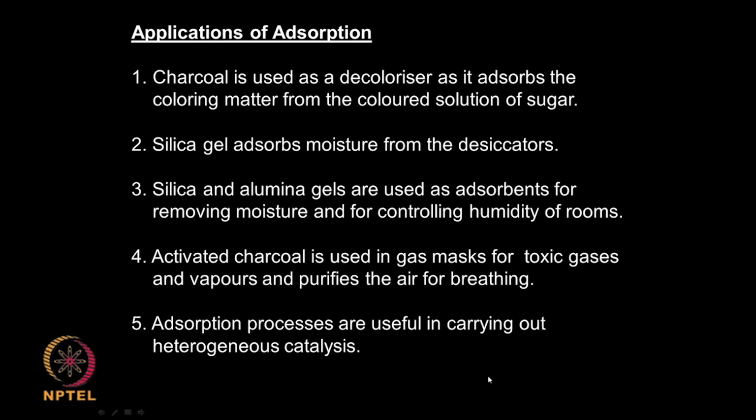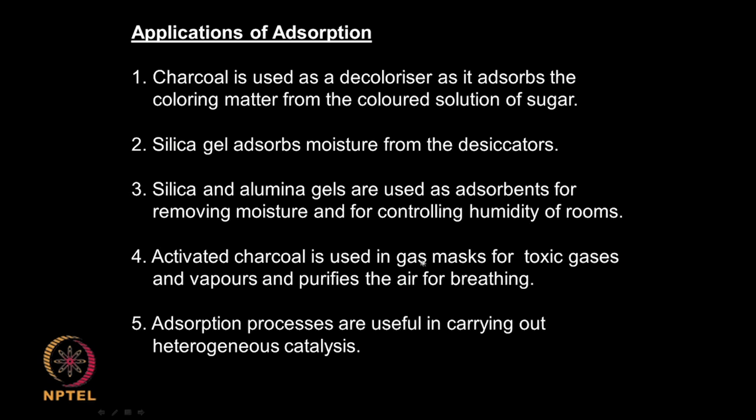Okay. So, where do you use this type of adsorption? Charcoal, for example, is used for decolorizing, like I mentioned, especially when you want to remove some color from a liquid, then charcoal is a very good adsorbent. Silica gel can absorb moisture, so it is used in a desiccator. Silica alumina gels are used as adsorbents for controlling humidity of rooms.